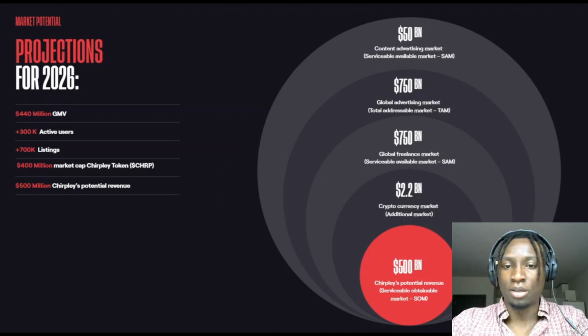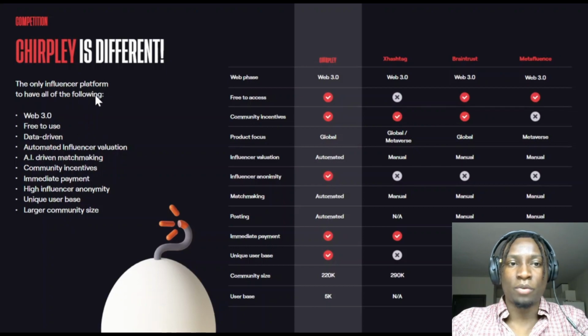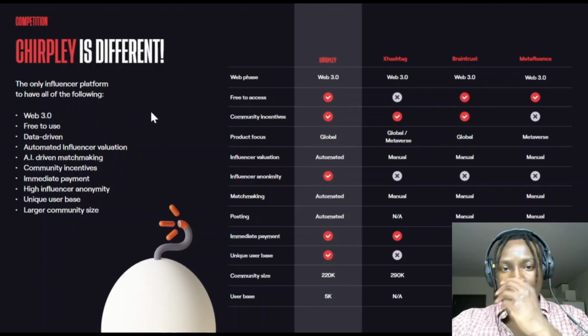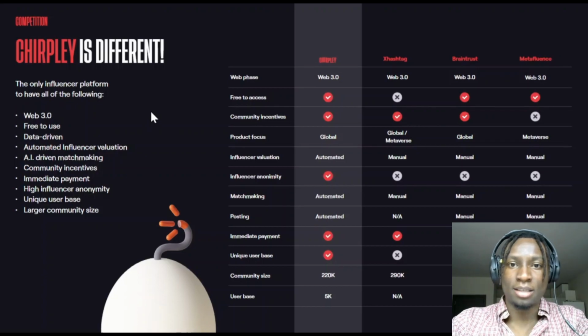Chirpley is different, the only influencer platform to have all of the following, right? So when you're looking at the different types of competitors, they're missing certain things that Chirpley has, right? So Web3, it's free to use, it's data-driven, automated influencer valuation, AI-driven matchmaking, right?